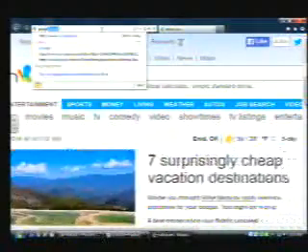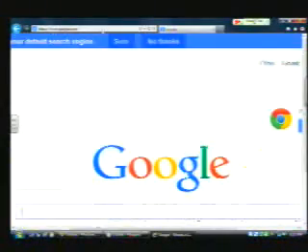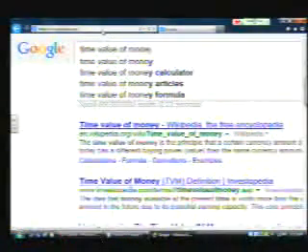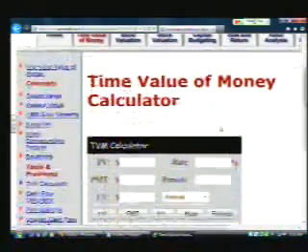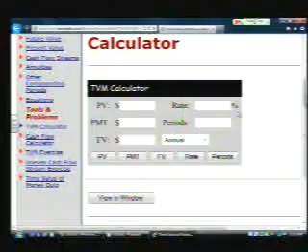If you do a search at Google for time value of money calculator, okay, click on that. This is so cool. It's the first one. Time value of money calculator, the Zen Wealth. ZenWealth.com. Click on that, and here you go. We can calculate any particular type of payment or APR that you want to calculate.